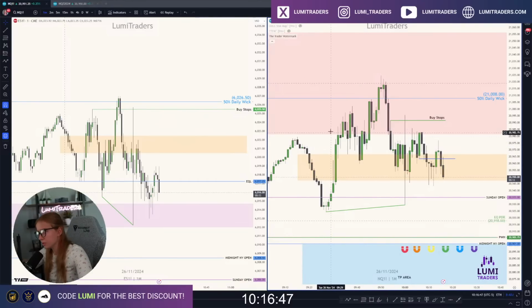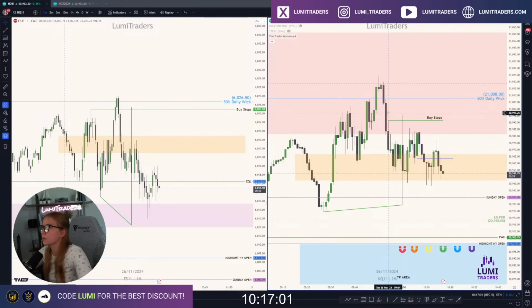When we see a seek and destroy, guys, I don't want to trust an inversion fair value gap on a lower time frame. Maybe I'm ready to trust just the changing of the state of delivery. I guess the 1-minute chart will be enough. But anyway, nothing on the 1-minute chart and nothing on the 5-minute chart. So nothing tells me for reversal yet.